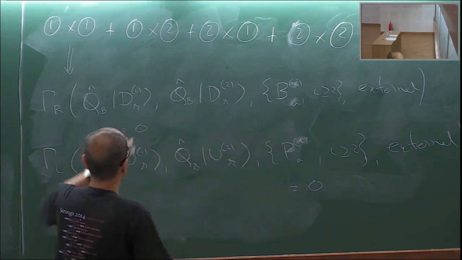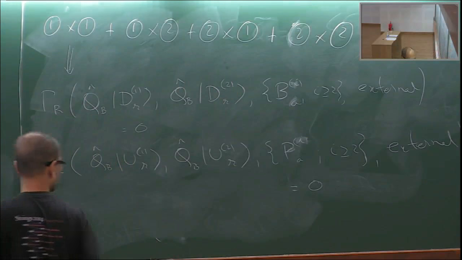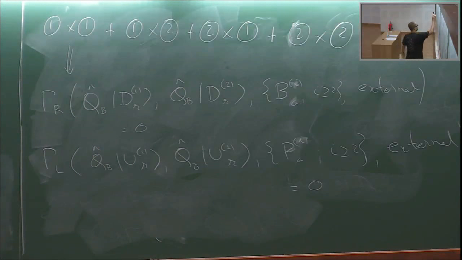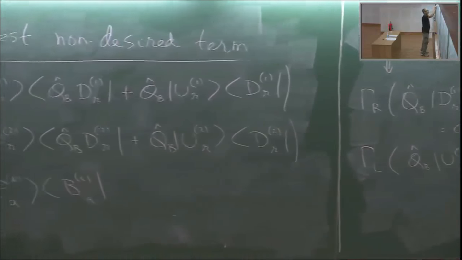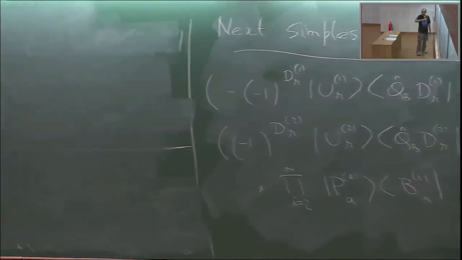Let's see why. Let's look at 1 times 2. We have to work out both gamma L and gamma R and see if any of them vanish.